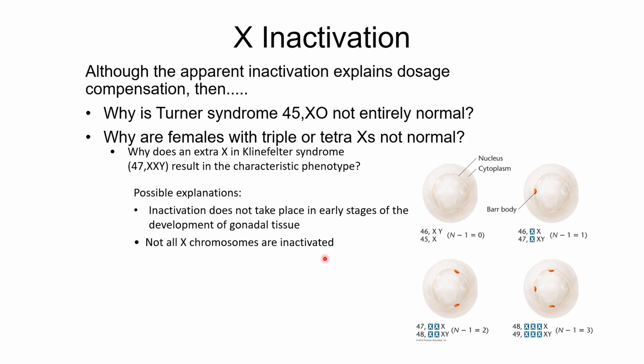The other thing is that maybe not all the X chromosomes get inactivated. So if you have extra X's, maybe you don't produce all the Barr bodies. Maybe in some individuals they do, and there might be something going on that in one individual that is experiencing more side effects of being poly-X than another.